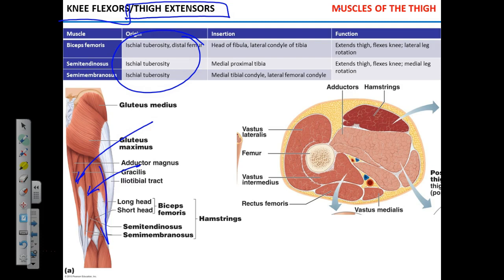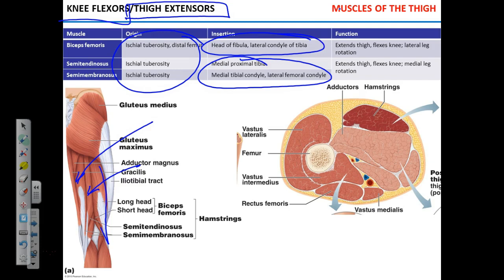Remember how we discussed that wherever a powerful muscle is attached to the bone, the bone has a protrusion? There you go. The hamstrings' attachment is at the ischial tuberosity, you have a protrusion. Okay? And they are inserted into the tibia or fibula.